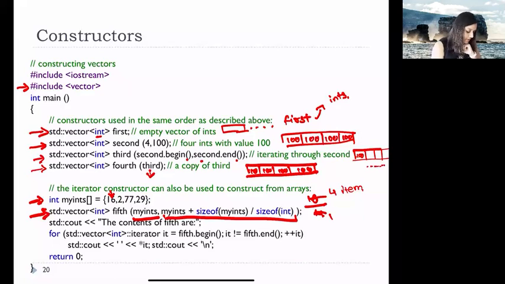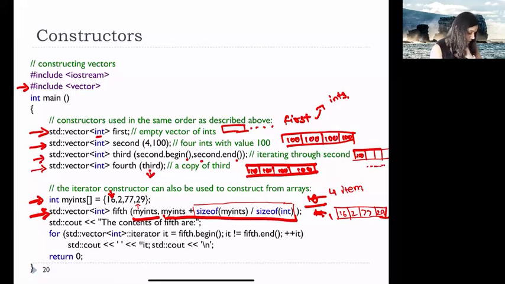So it will copy into this vector fifth. It will have 4 items, which is said by this command over here, right? That's how we decided it will have 4 items. And we said to copy the items from myint. So it's going to copy 16, 2, 77, 29. That's your vector fifth.